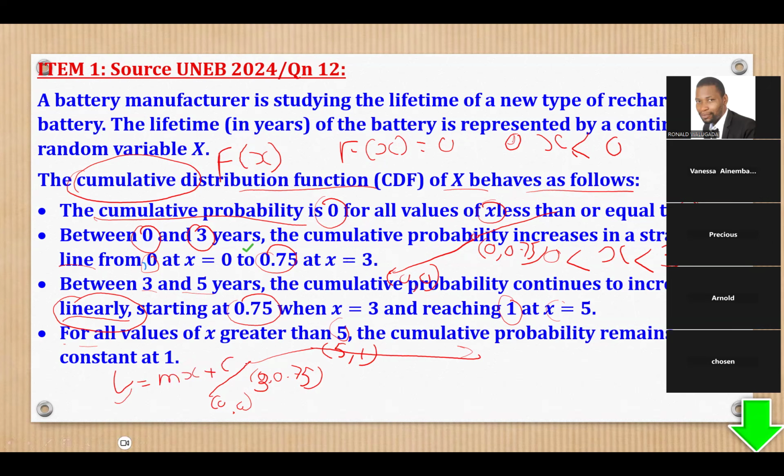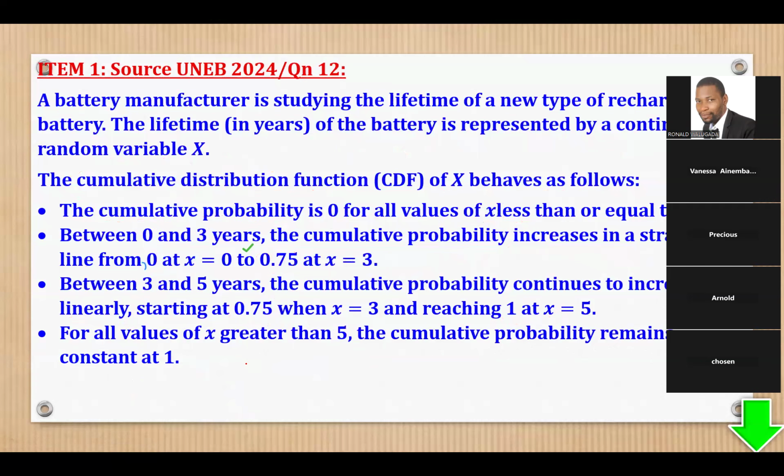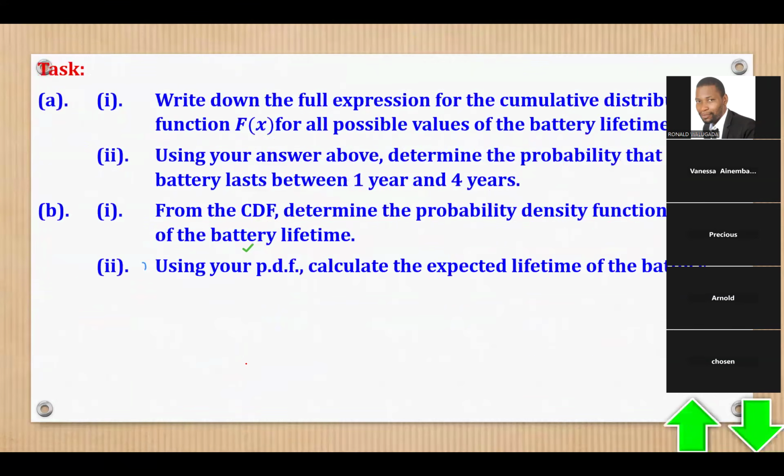I think you all know from coordinate geometry 1 that given 2 points on a straight line, you can easily get the equation of that line. So basically, that is the knowledge you're going to use to come up with the first task, because the first task says, write down the full expression of the cumulative distribution function for all possible values of the battery lifetime.